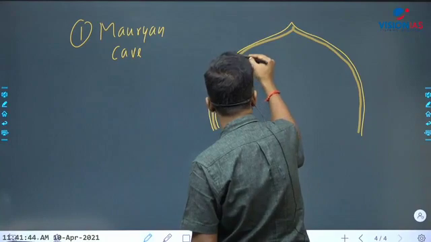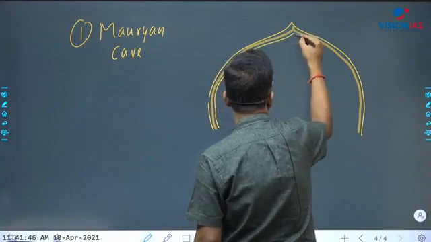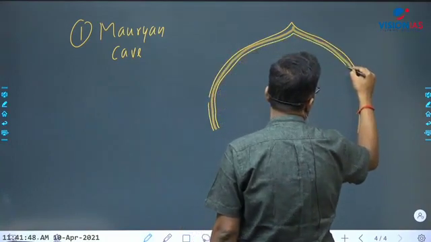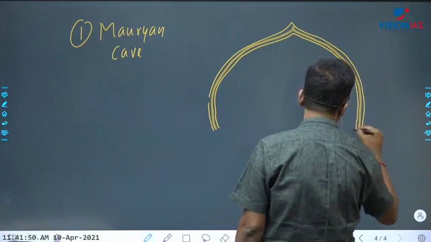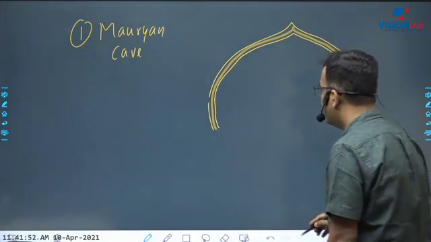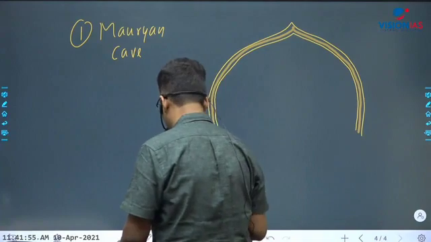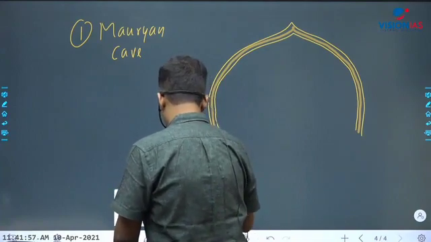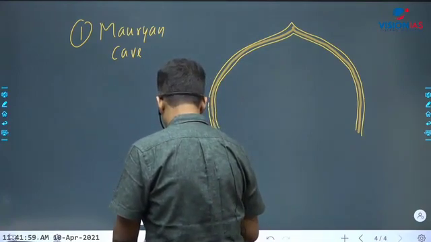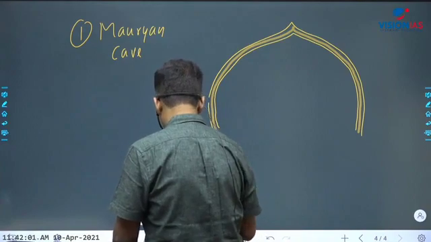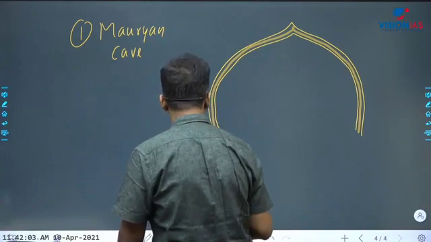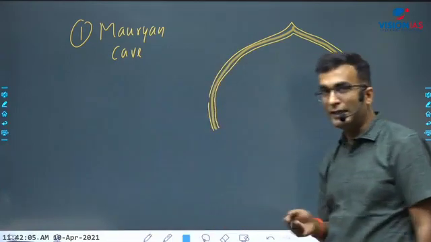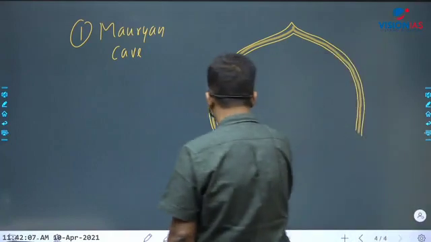And if you are not creating it in the class, then you are not practicing it. So you must create it in the class itself, and then you will be able to replicate this in the exam. And not all the time you need to create the perfect diagram, okay? That is not necessary, but at least some kind of representation must be there.